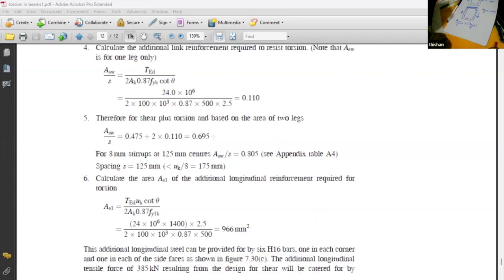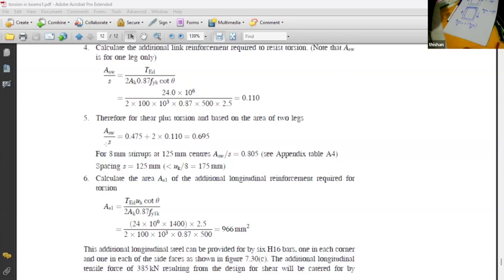ASW is 50. 50 divided by 125 is 0.4. Yes. All right, so this is for two legs, so 0.4 multiplied by 2 is 0.8. Yes, because this has two legs.